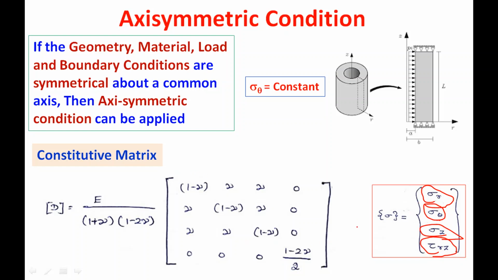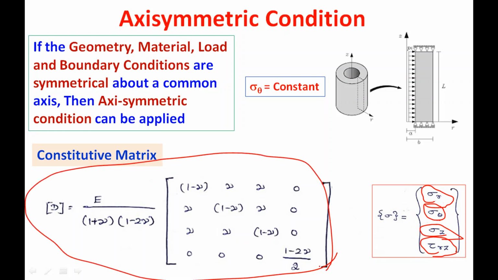For the axisymmetric condition, the constitutive matrix is a 4 by 4 matrix, unlike plane stress and plane strain conditions, where we have only a 3 by 3 D matrix. Solving the axisymmetric problem is slightly different from the plane stress and plane strain problems, so that also we will discuss in the later part.